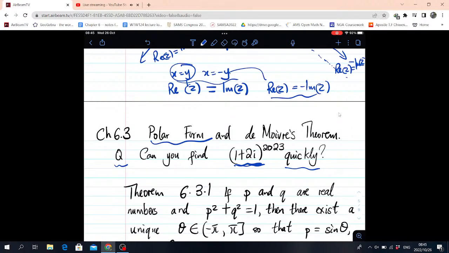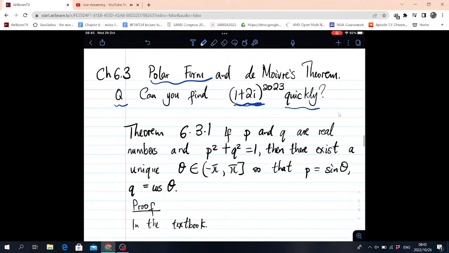This is theorem 6.3.1 in the textbook. It says, if p and q are real numbers and p squared plus q squared is equal to 1, then there exists a unique real number theta, which is between minus pi and pi, such that p is equal to sine theta, and q is equal to cos theta.